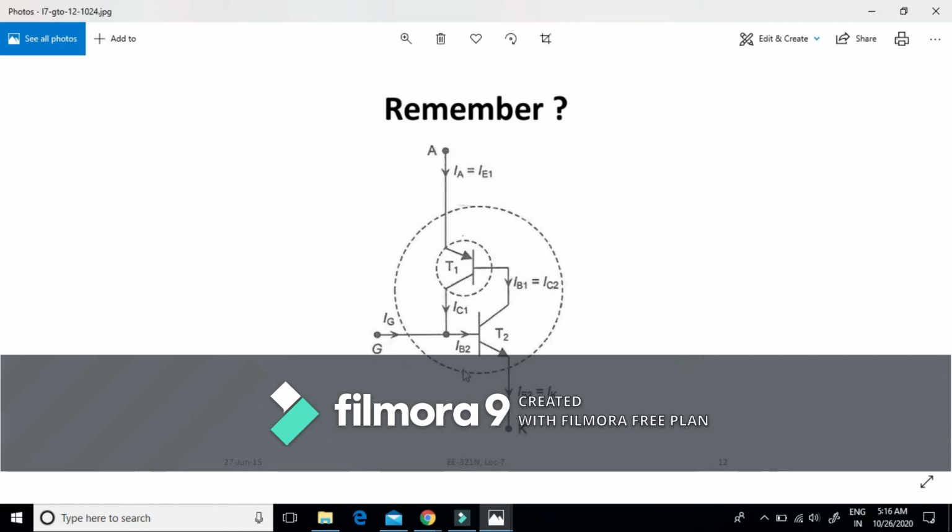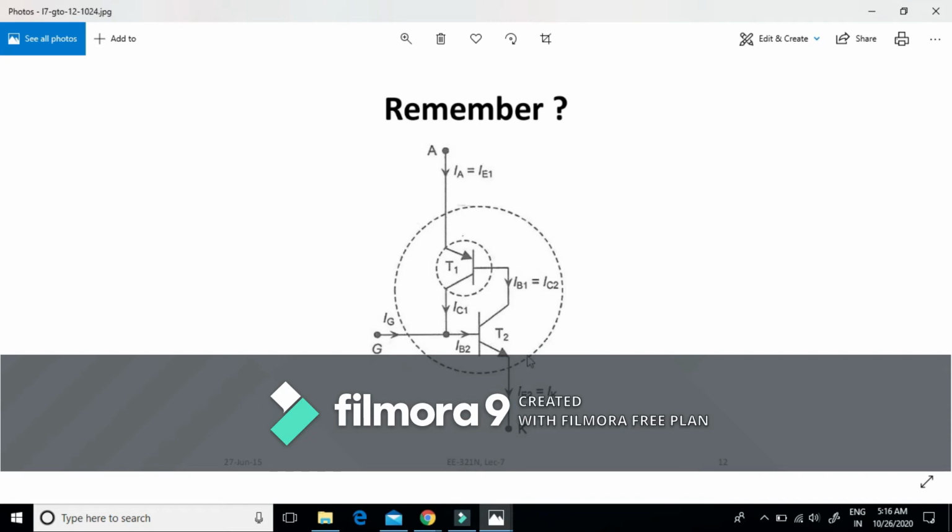If we apply this gate current, it acts as a base current for the transistor T2. Because of this base current, the collector current of transistor T2 increases, since collector current IC2 is equal to beta times IB2.